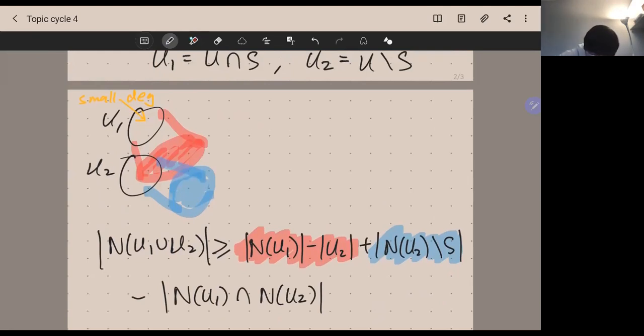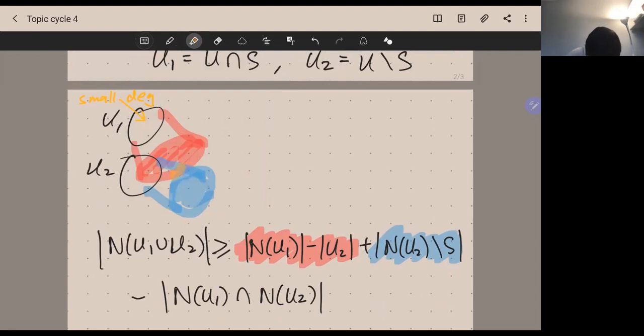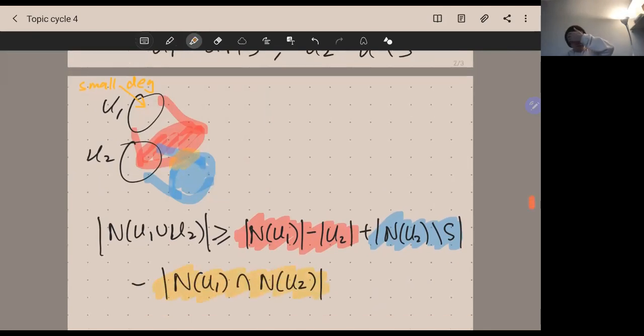Let's do yellow. They have some intersection, okay? Like that.